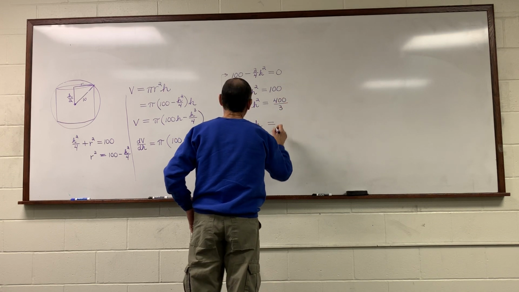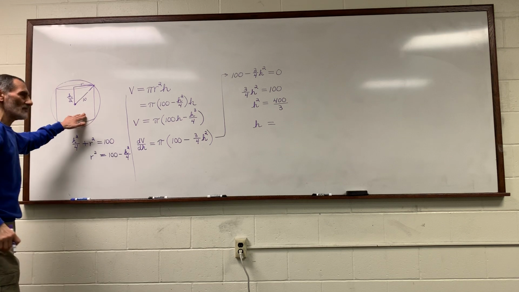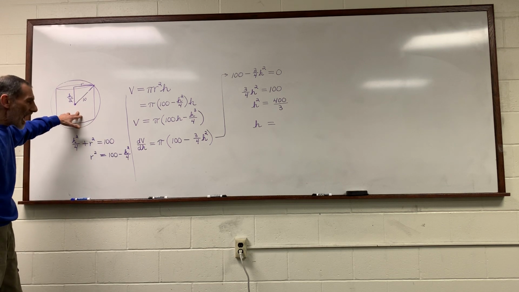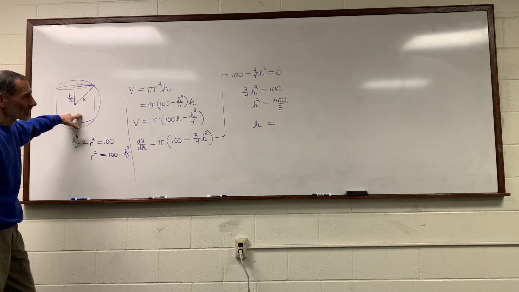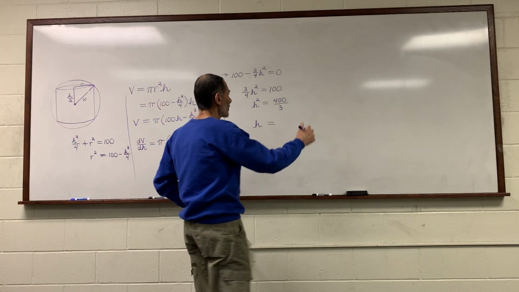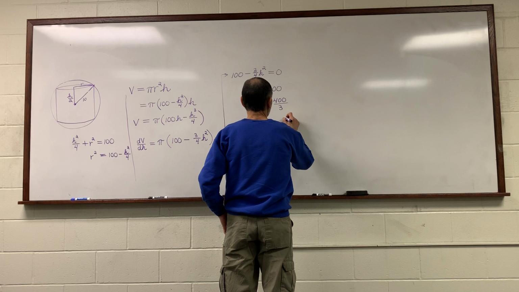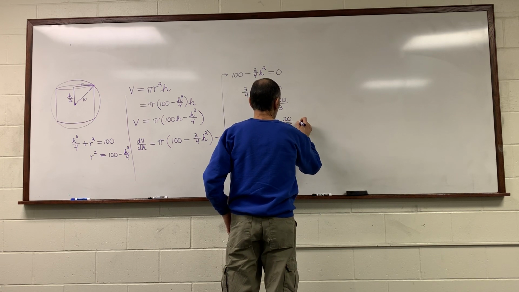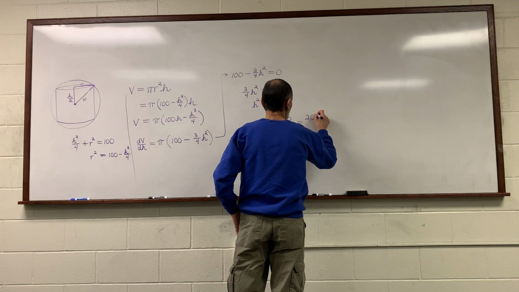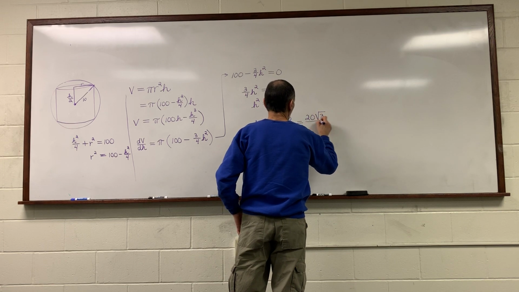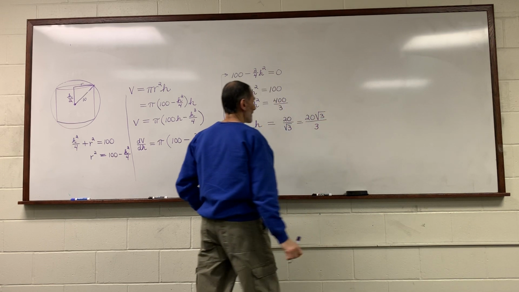H equals, again, this is the measurement, the height of a cylinder. I do not have to say plus or minus, this is clearly positive. A real world measurement. H equals 20 divided by the square root of 3, or if you prefer, 20 times the square root of 3 over 3.